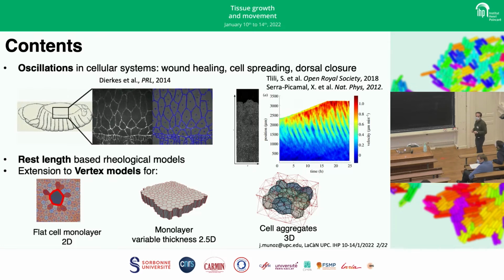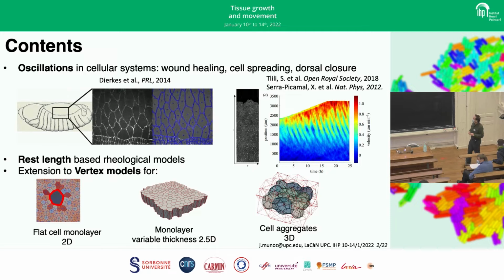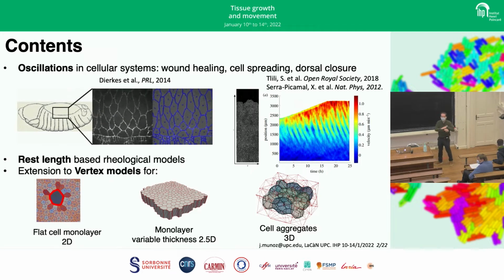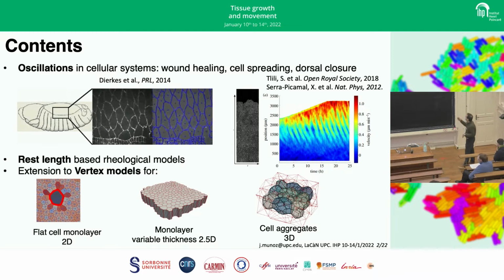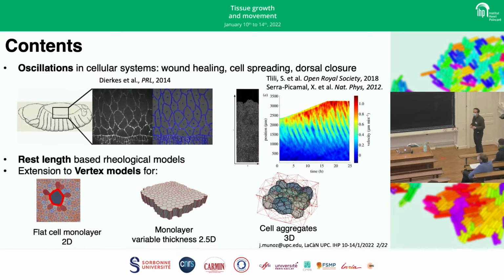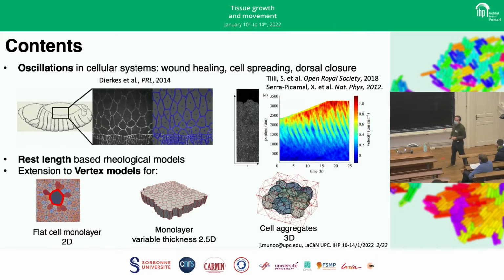Then 2D and a half, which somebody said is like a constrained 3D. I say 2D and a half because it's constrained to be on a monolayer, so we don't have vertical dislocations. And then a fully 3D model, which is something that we have been developing recently in order to reproduce other systems, things that happen in 3D.